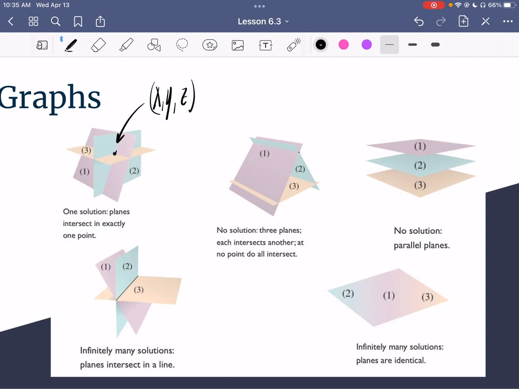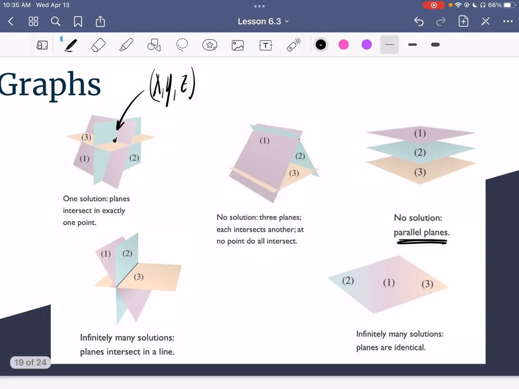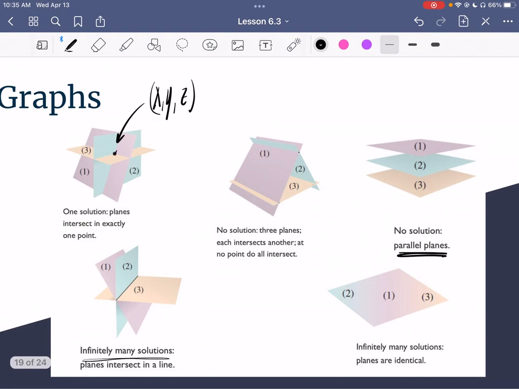Okay, up here, same thing. Here, this would be no solution if you have all three being parallel planes. This right here would be an example if you have infinitely many solutions. So if the planes intersect in a perfect line like this, or if all of the planes are identical, that would also give you infinitely many solutions here.